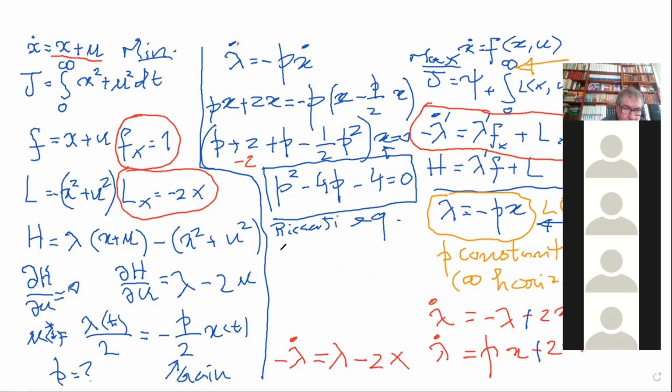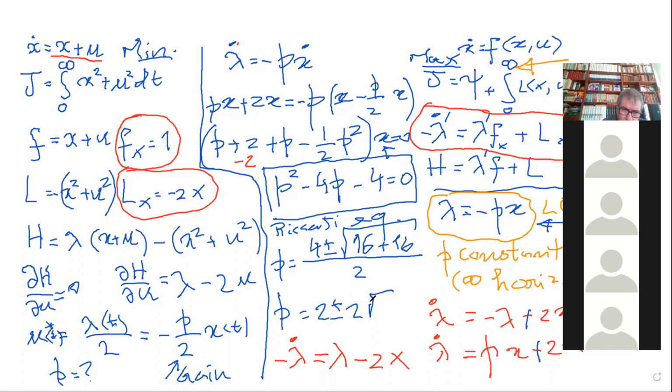Okay, so p is equal to, you divide by 2, 4 plus or minus the square root of what? 16 plus 16. And p is 2 plus or minus, now you get 2 squared is 4, you have 2 square root of 2.